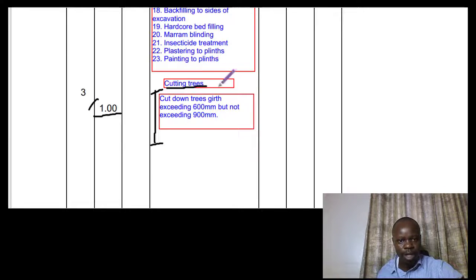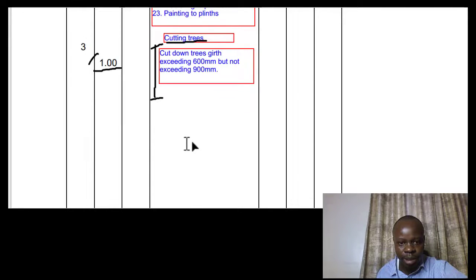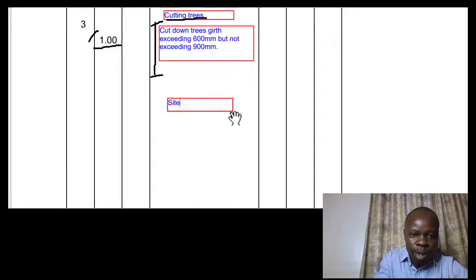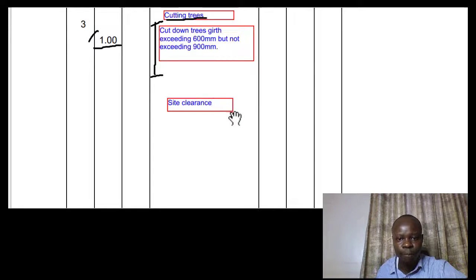Once you have that, then you go to the second item. The second item, as I've noted, is talking about site clearance. For the site clearance, just indicate the space that we are talking about. Once your site clearance is done, you underline.